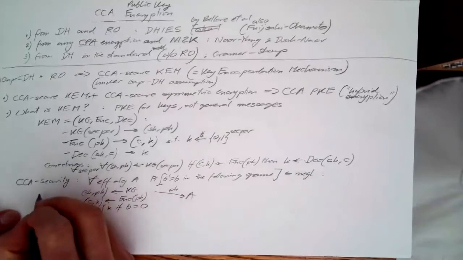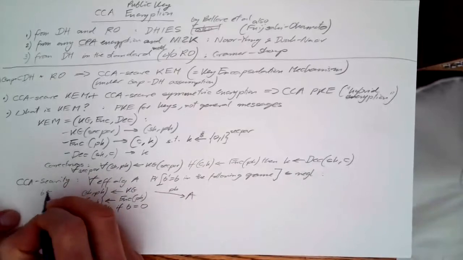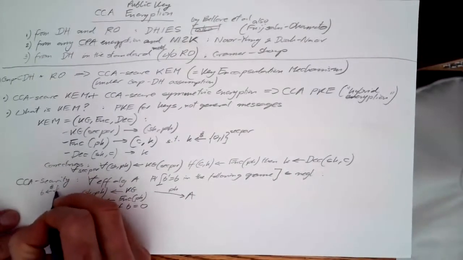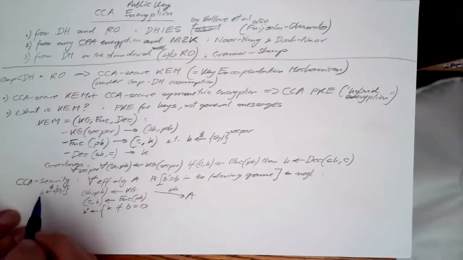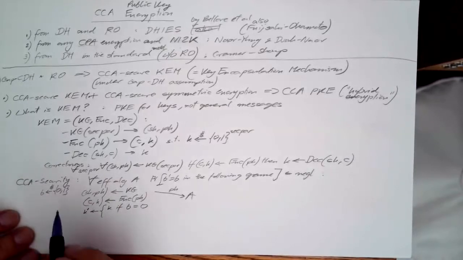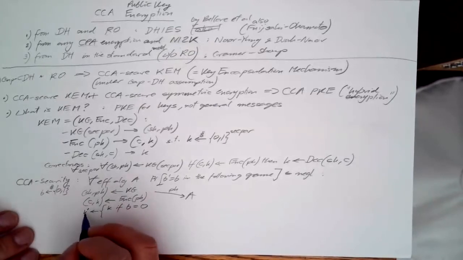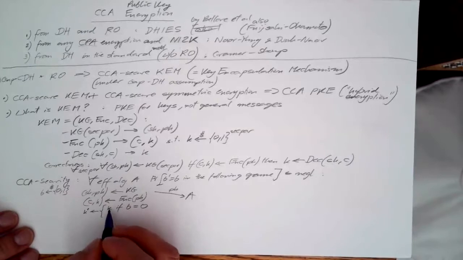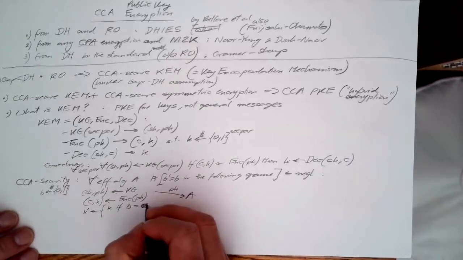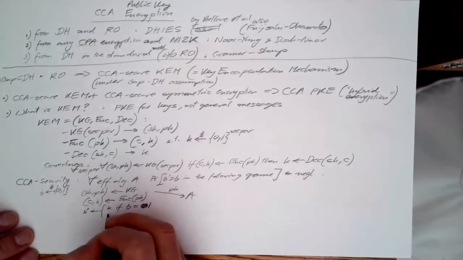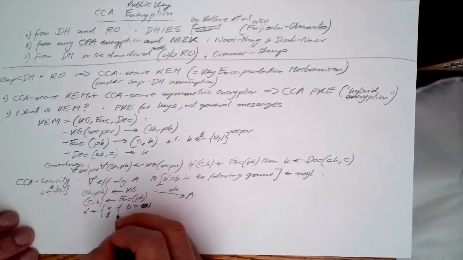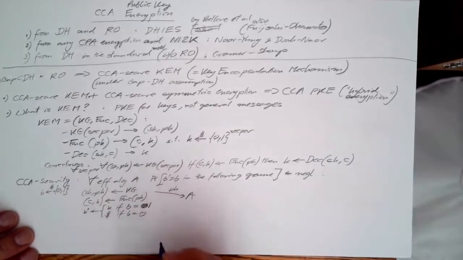So the whole thing picks a bit at random. It's a challenge bit. It's like the bit that determines whether we will encrypt M0 or M1 in the standard encryption game. And the key prime is either assigned to be the real key when this bit is 1, or it's random if the bit is 0.